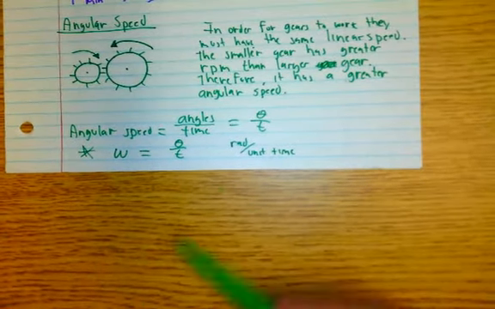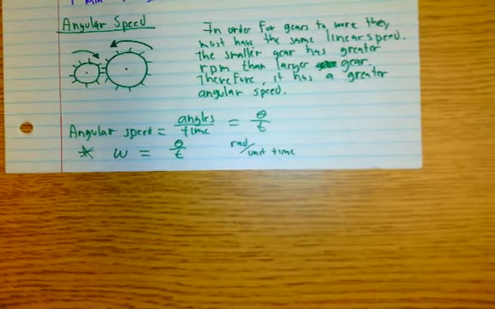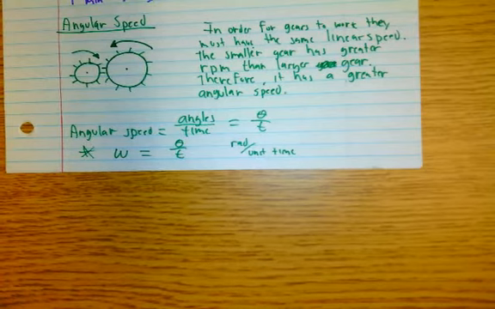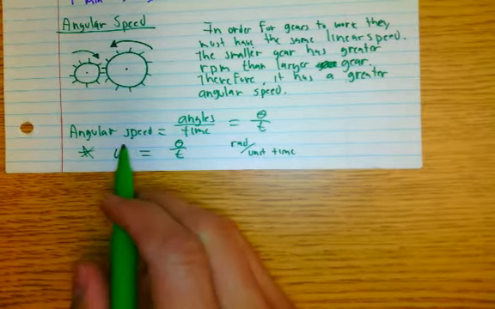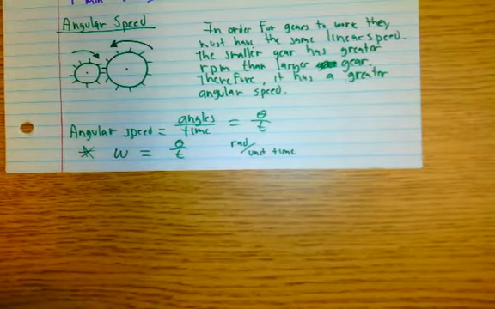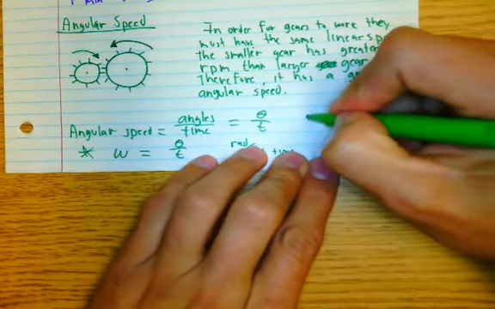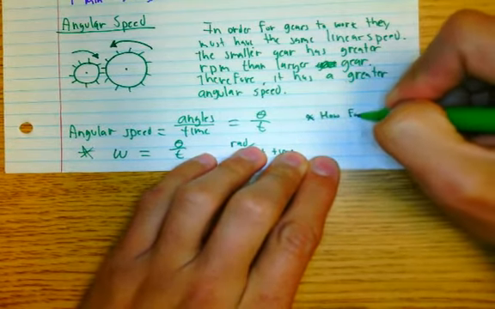What do you guys think? Let's go back to, what does the word speed help us find? How fast. Okay, so this helps us find how fast what? An angle is what?